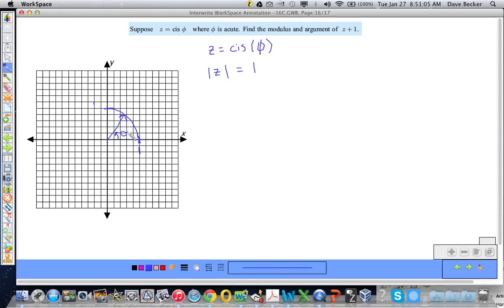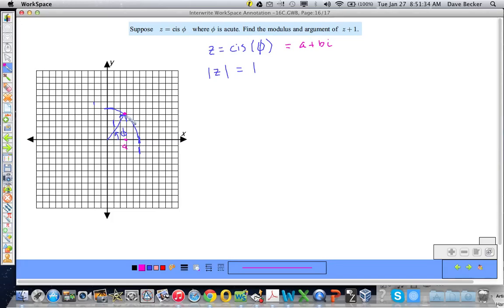It's acute, so it could be anywhere. And we know that this is equal to 1, correct? So to get to this point, which is also equal to a plus bi, I had to go to, let's say here, a, and then up b to get to here.